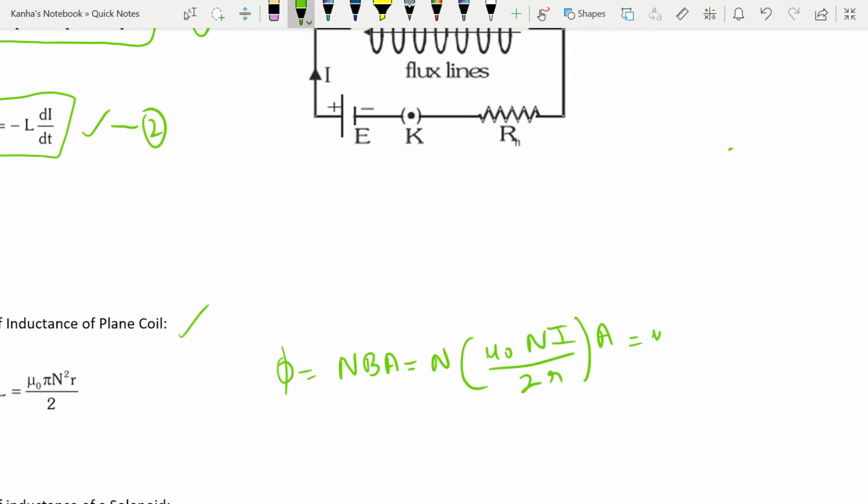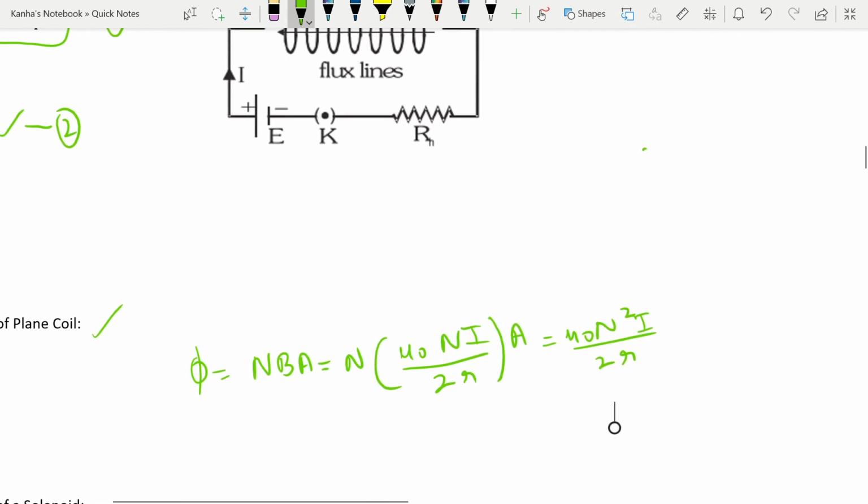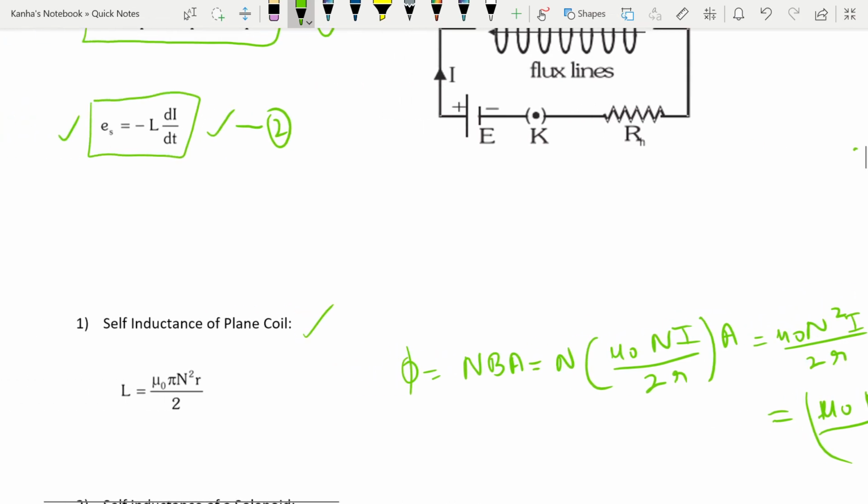which can be written as mu naught n square I by 2R into pi R square, which is nothing but mu naught n square into pi into R by 2, times I. But we already know that phi is equal to L into I, so this quantity becomes my L, which is given here.